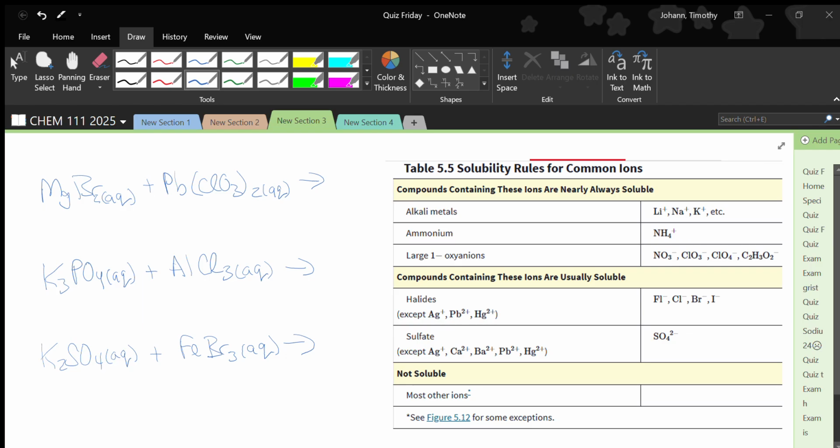These ClO3s are pretty much soluble with everything, right? So when I switch this, my magnesium chlorate is going to be soluble. When I switch the bromine with the lead, bromide ions are usually soluble, except with lead, right? So the lead bromide is going to be insoluble.